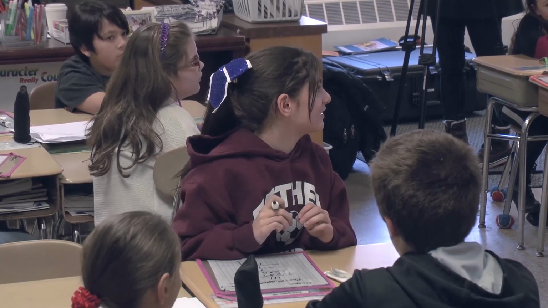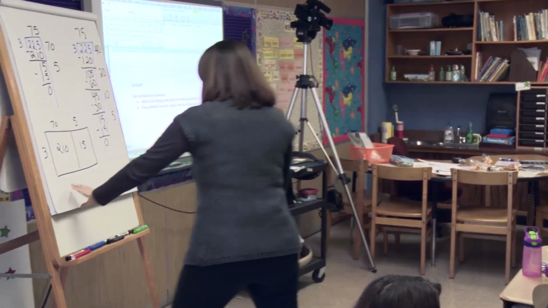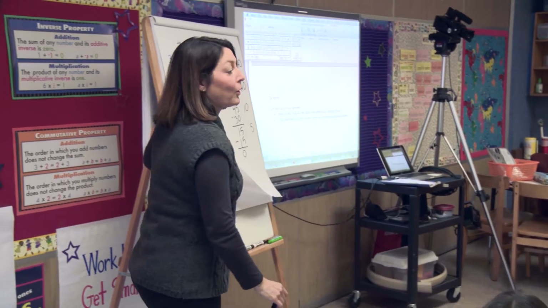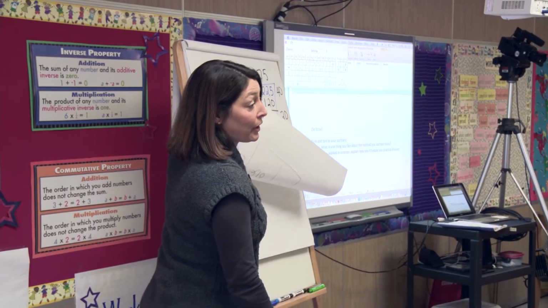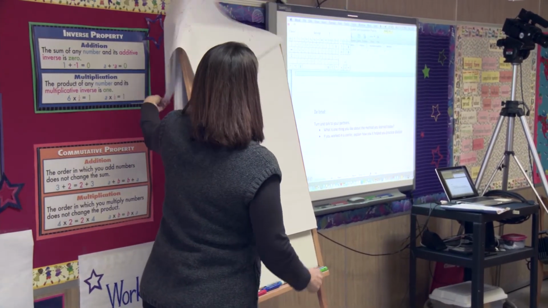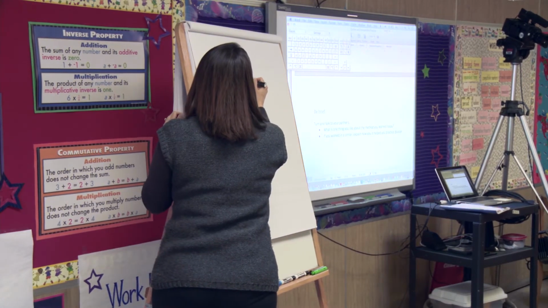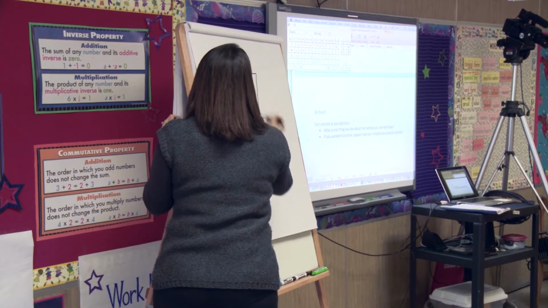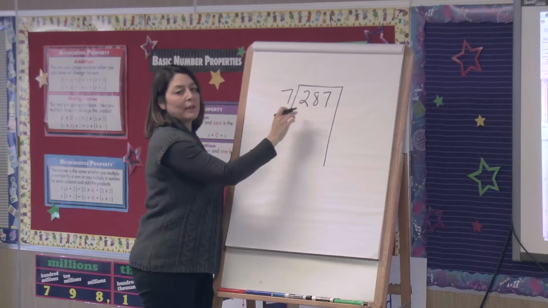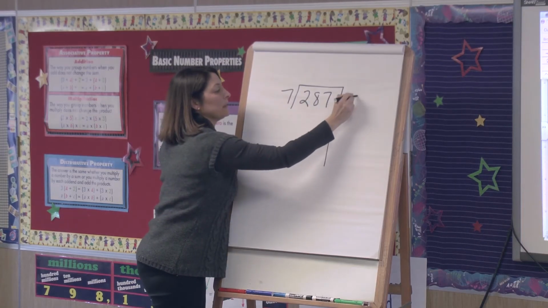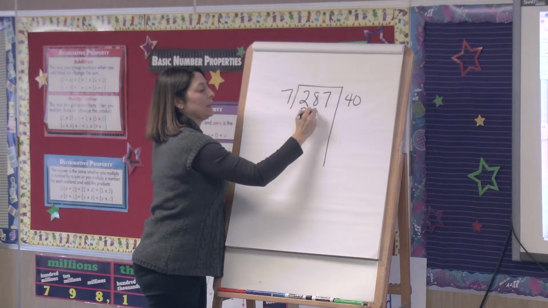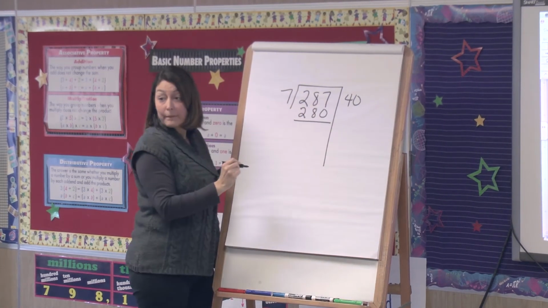You know, I need to just jump on that for 1 minute because this is perfect for where you're going to go next time, okay? This is where we're going to go next with our math, with our division. 287 divided by 7. This is what she said. This is really easy because I know that 7 times 40 is 280, right?